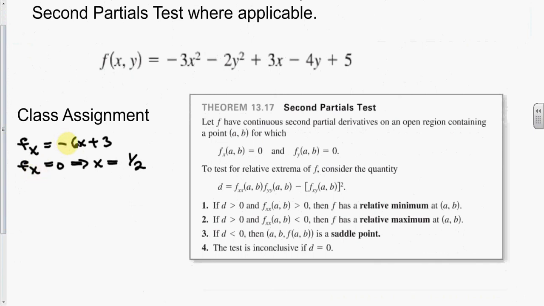Because with that negative 6, you get negative 6x equal to negative 3, then you divide negative by negative and get positive. Find the partial of f with respect to y: negative 4y minus 4. We set this equal to 0, which implies that y is equal to negative 1.